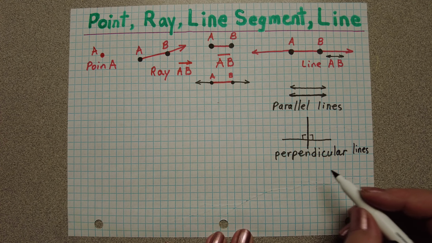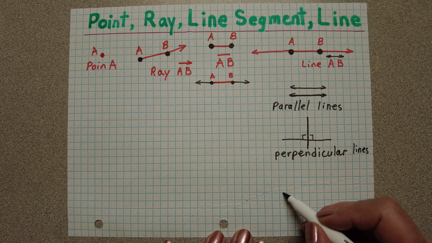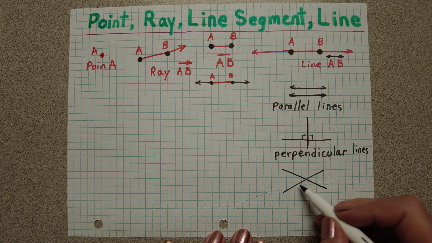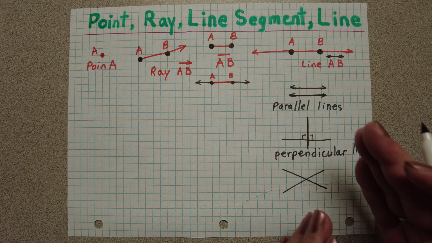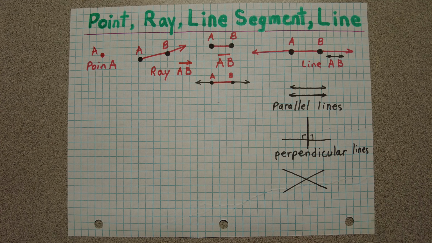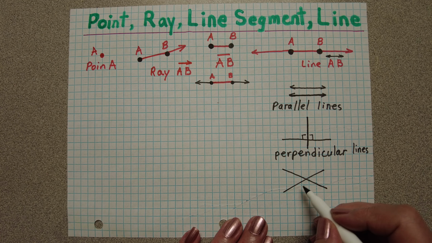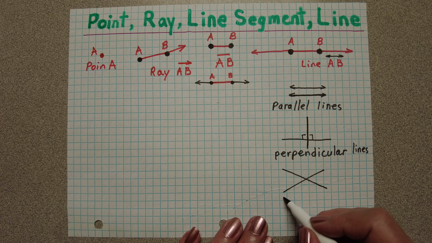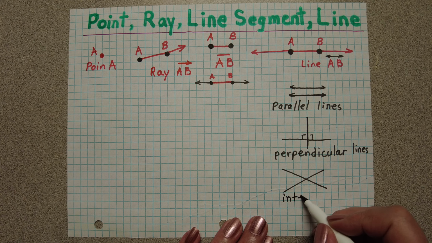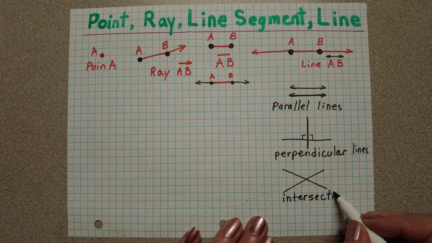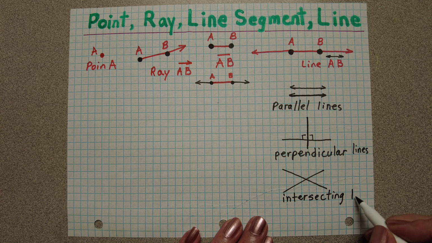Lines can be intersecting because they are not parallel, not perpendicular, but they intersect together. So this kind of lines we call intersecting lines.